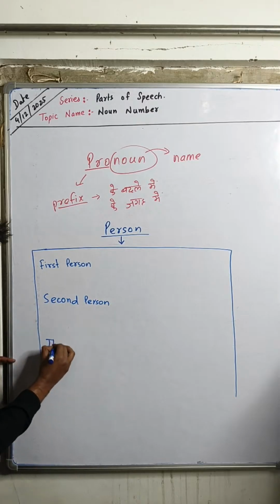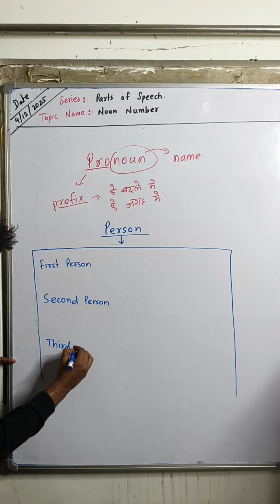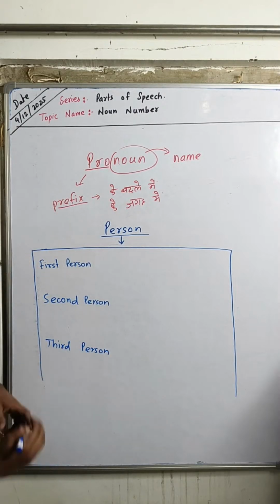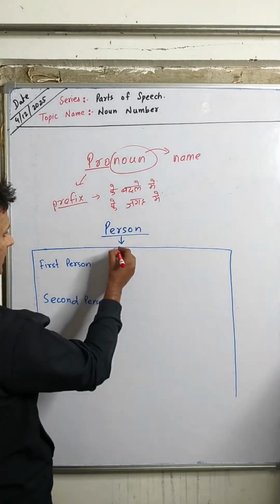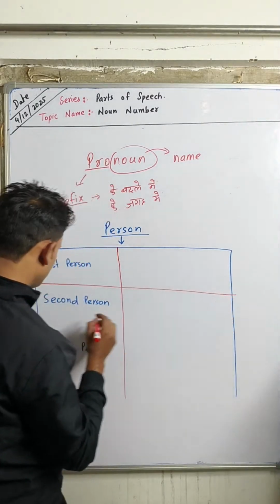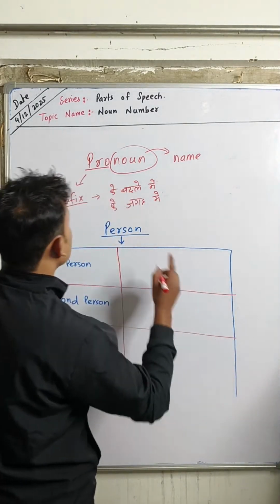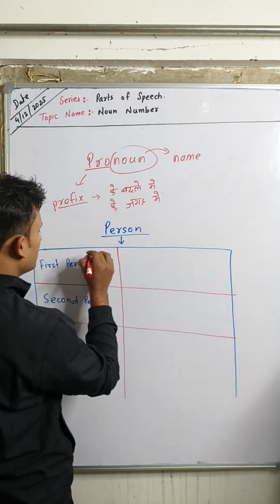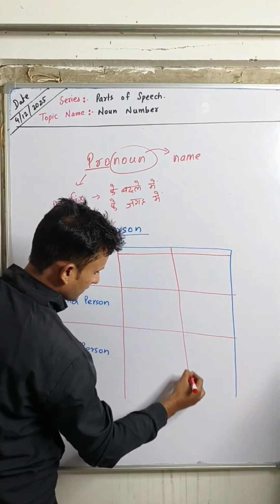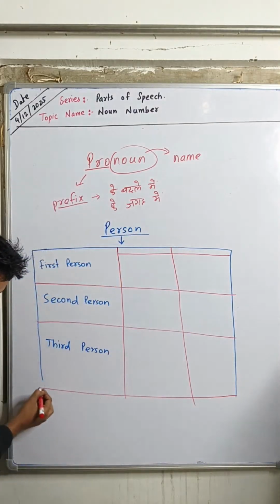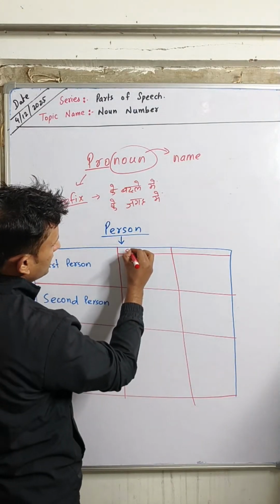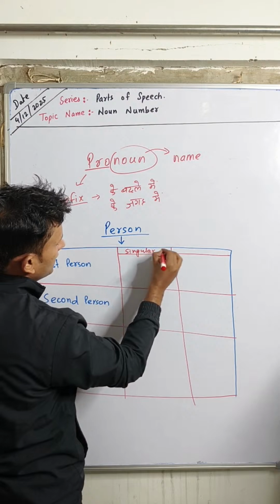The third, about whom we speak, is called third person. And as we have learned today, noun number also takes a very important part in this person topic, which teaches us how to use different verbs. So that is singular and plural.